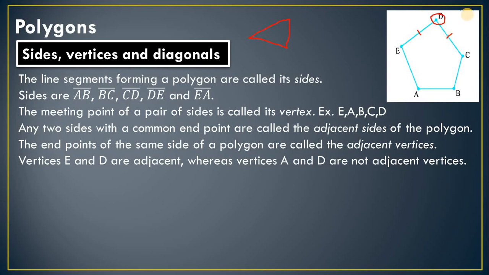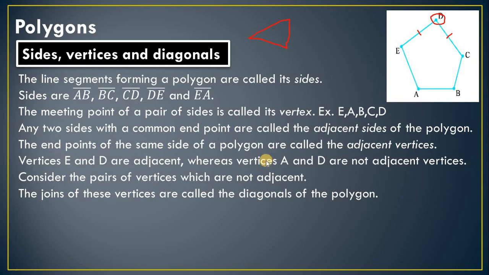For example, here E and D are adjacent vertices because they are sharing one line. Here A and B are adjacent vertices because they have one common line between them.